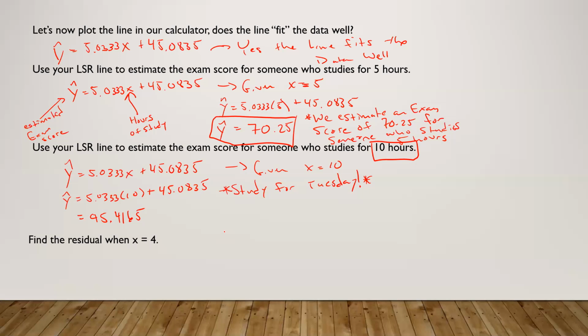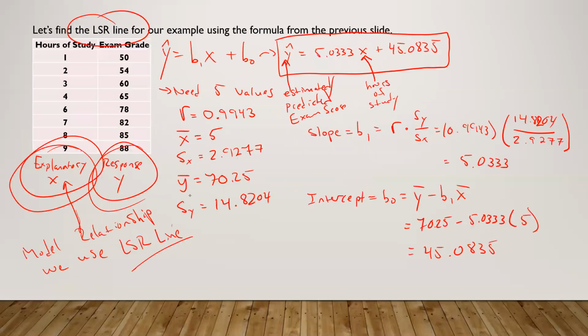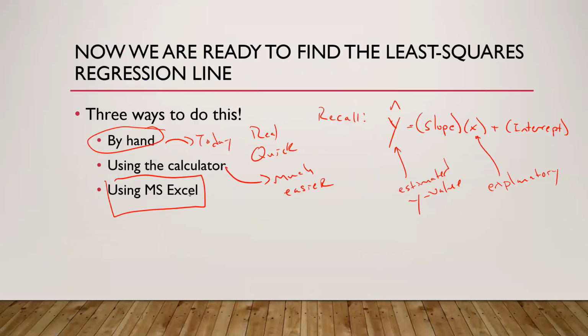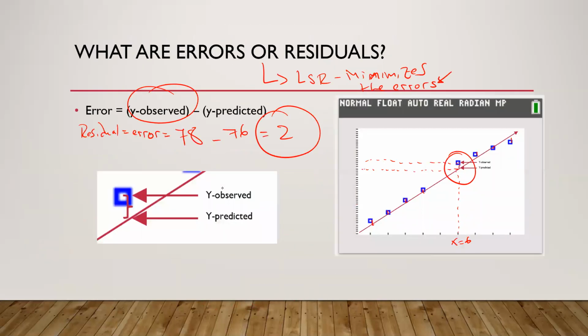All right, let's look at the next question. Find the residual when x is equal to 4. What the heck was a residual? If you look back in our notes, the residual, or what I called an error, because remember I said this line is the line that minimizes the error. So let's find an error. The residual is y observed minus y predicted.